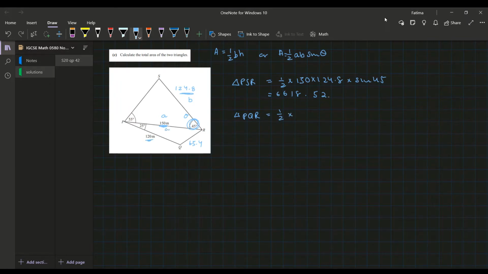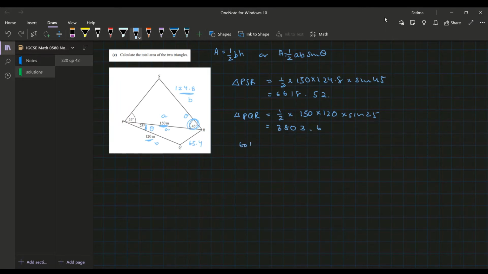And for triangle PQR, the same thing would be half into, over here we're given this length and this length. This can be a, this can be b, and we know this angle that is in between a and b, which is theta, and that would therefore be half into 150 into 120 into sine 25. And on the calculator, that is approximately that much.